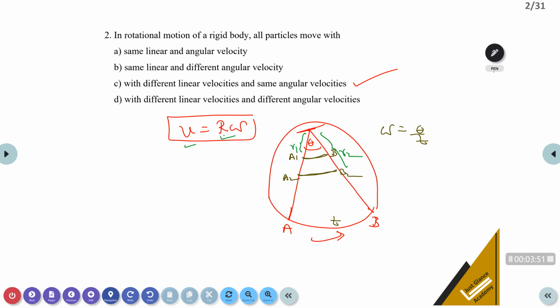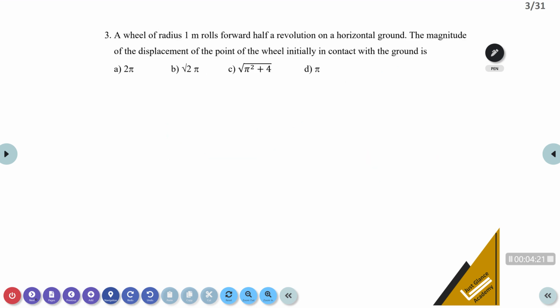As distance R changes, the linear velocity also changes, from one particle to another particle. Suppose I consider this particle A3 B3, here the distance is R3. But of course, this omega equal to theta by t is the same for all the particles.